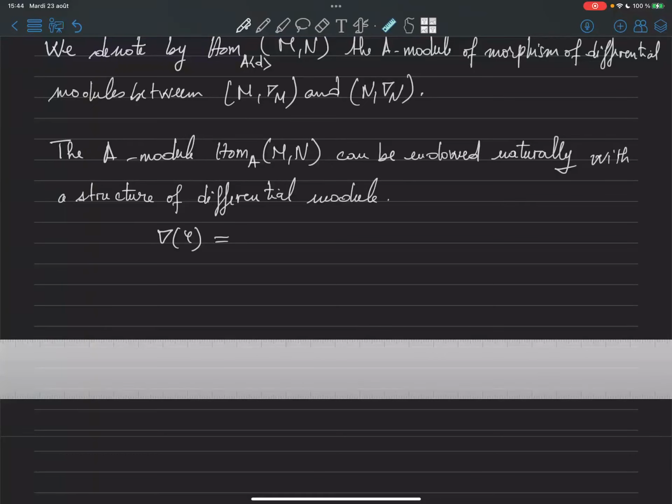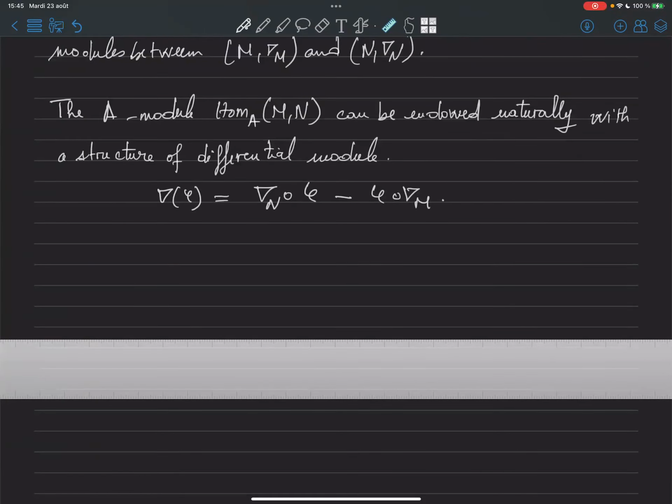Then this defines a connection on this A-module. We start by defining a structure of differential module on this A-module, to define it afterwards on the dual of M as a module.